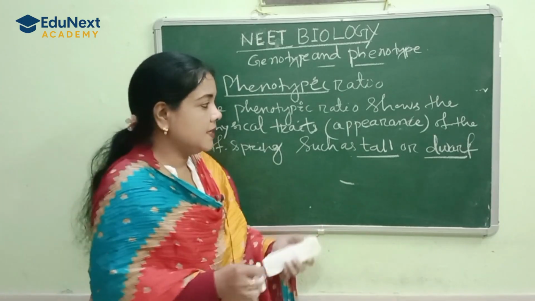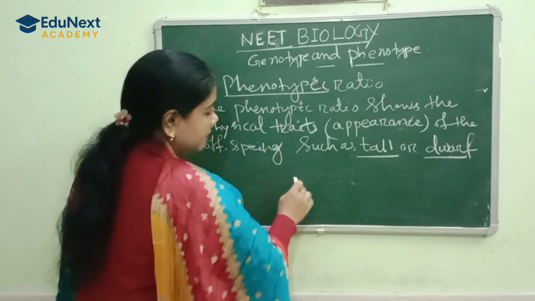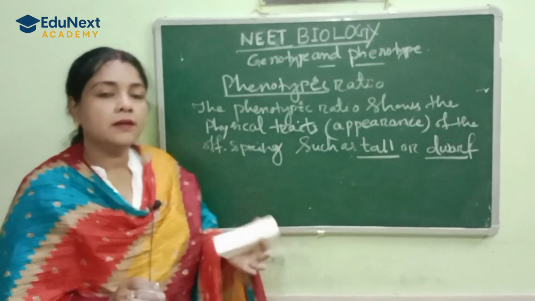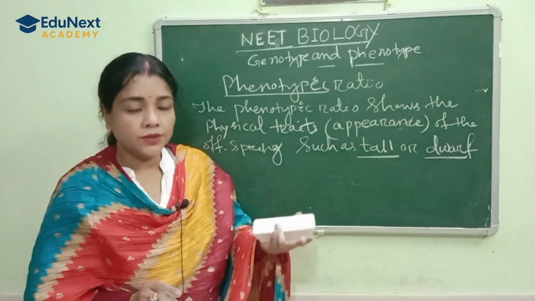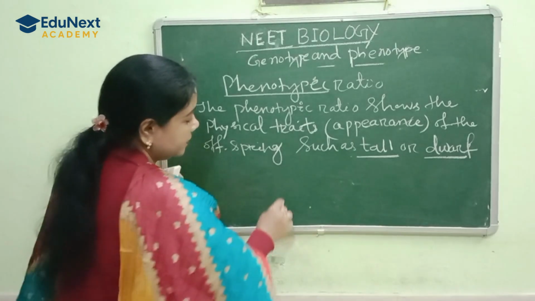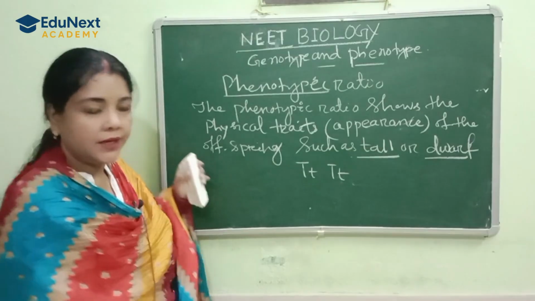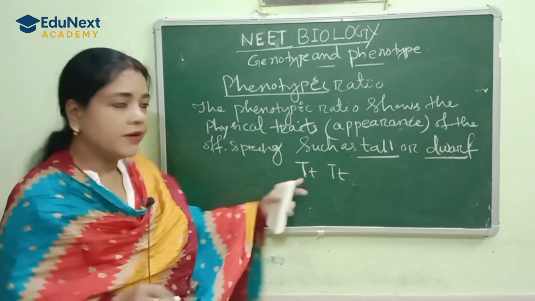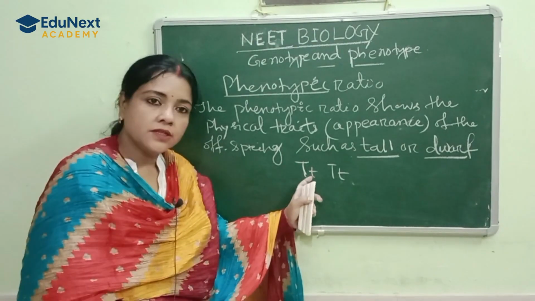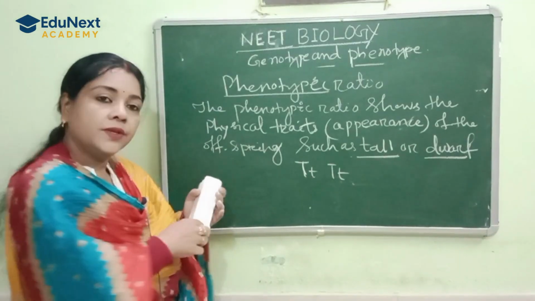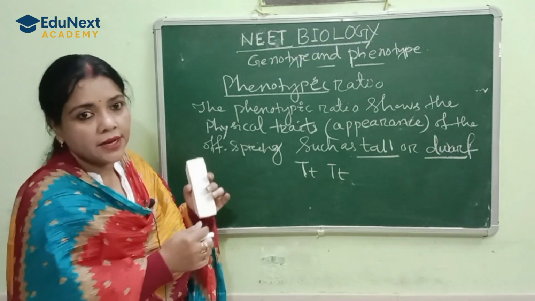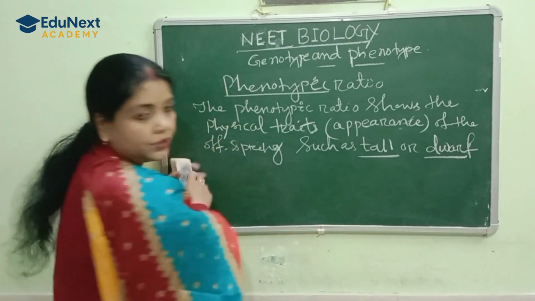For example, if we cross two heterozygous plants, Tt and Tt, the genes are different here: one tall gene, one short gene. Again we use the Punnett square to know the ratio.